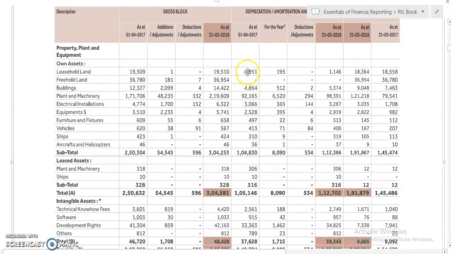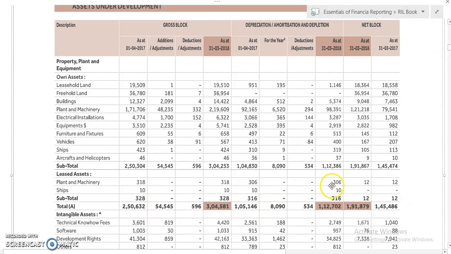Now the depreciation and amortization: at the beginning of the year we had depreciation of $104,000. Leased assets are depreciated based on the lease period, how many years of the lease they have, so that we know how much period is left.